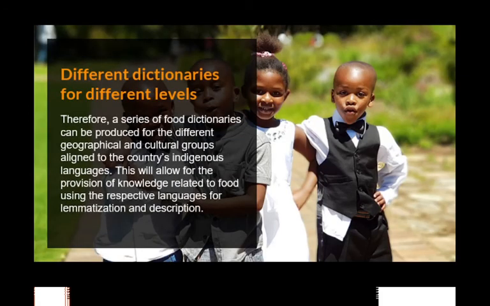So we have different dictionaries for different levels. Therefore, a series of dictionaries can be produced for the different geographic and cultural groups. So this will allow for provision of knowledge related to food using respective languages for lemmatization and description.